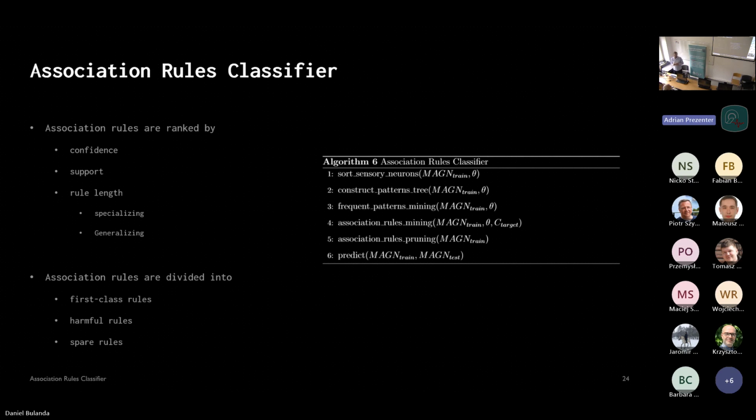We see that they bring some information to the table, but at the same time, they are not so confident. So if we don't have any first-class rule for our newly coming example, then we can ask the spare rules storage if maybe there is something to help us with this issue. That's how it works.